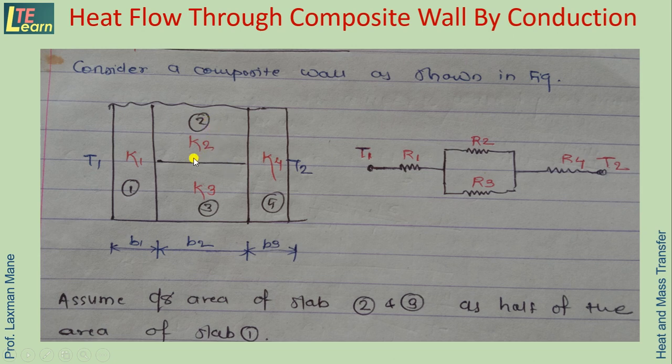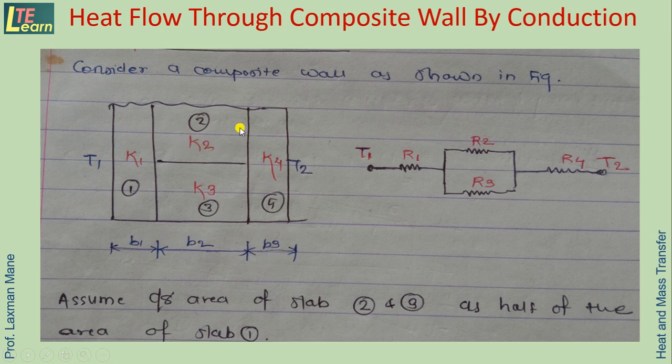Number 2 layer has thermal conductivity K2 and number 3 layer has thermal conductivity K3. Both layers have the same dimension, B2, means thickness. The next layer is the fourth layer, which has thermal conductivity K4 and thickness B3.